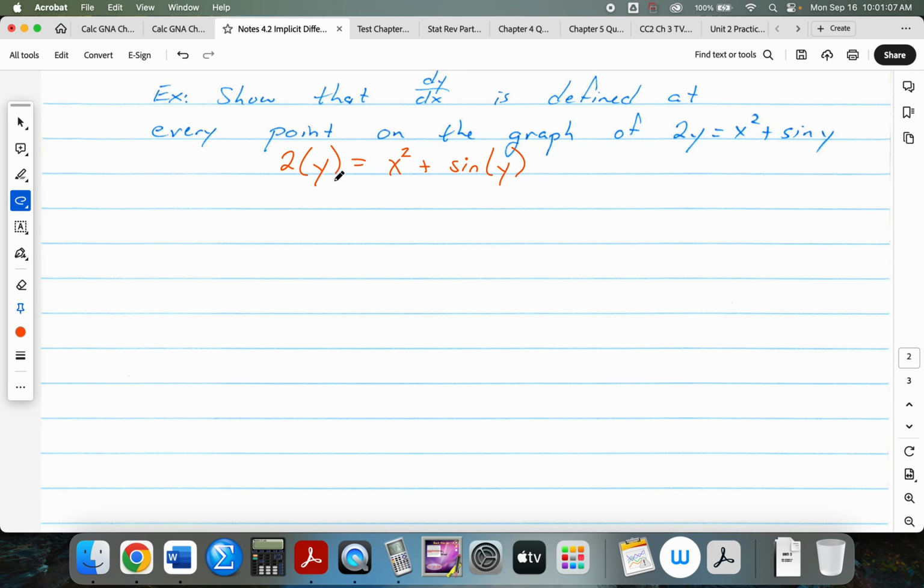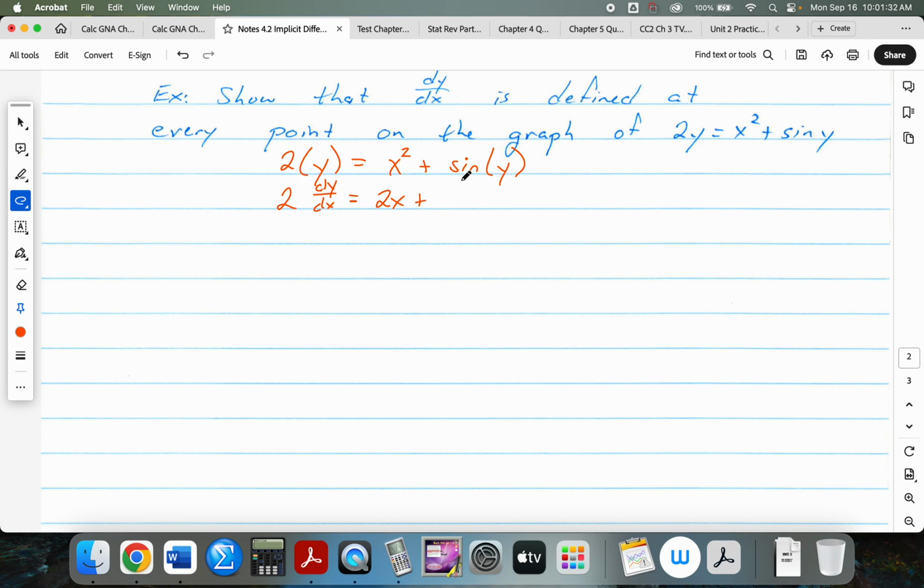So the derivative of 2y, well, I just keep the 2, and the derivative of y is dy/dx. Equals, on the right side, I'm taking the derivative with respect to x. That matches this variable, so the derivative is just 2x.